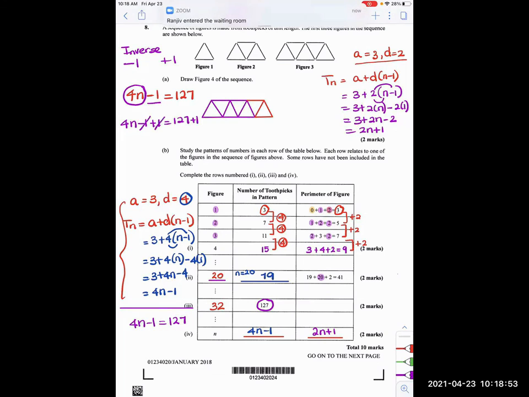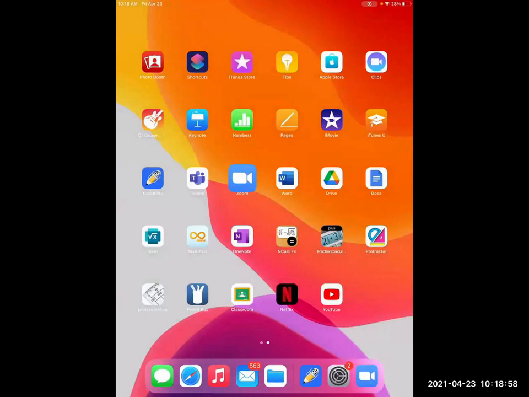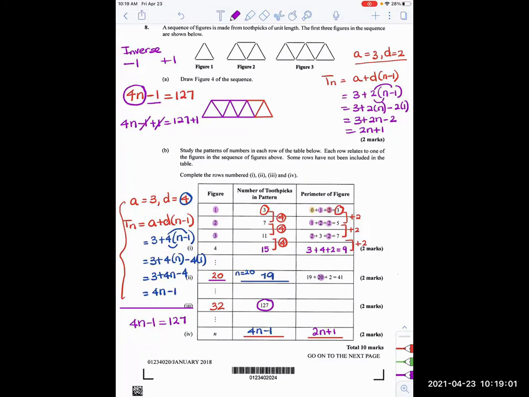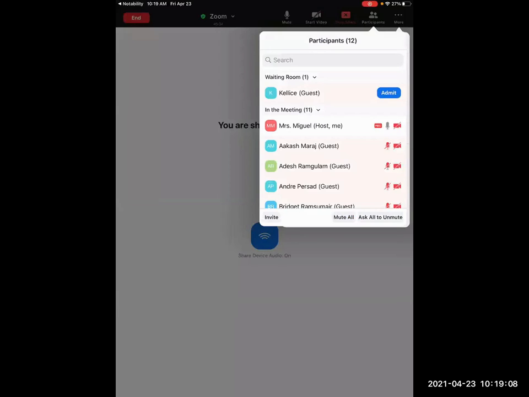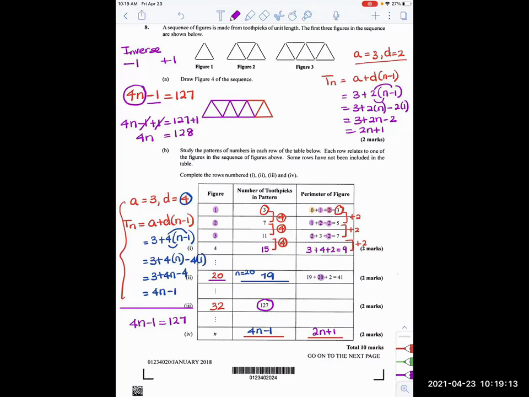Here I have cancelled the 1 from the left-hand side. So this is 128. Now, the inverse of multiply by 4 is divide by 4. So I am going to divide by 4 on both sides. N is going to cancel, and 4 goes into 128 32 times.